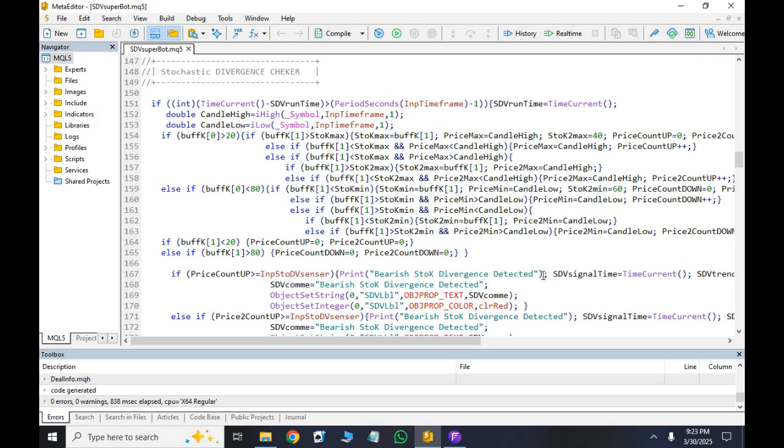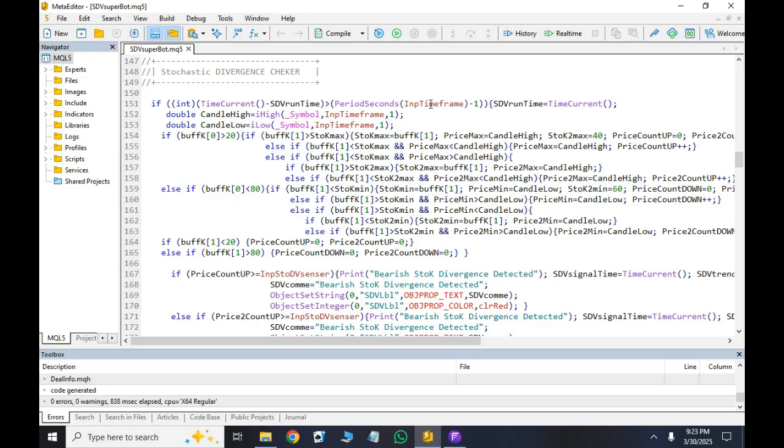For the divergence, first we check the time. Current time minus SDV runtime is greater than the time frame value converted to seconds, PeriodSeconds of the time frame minus 1.